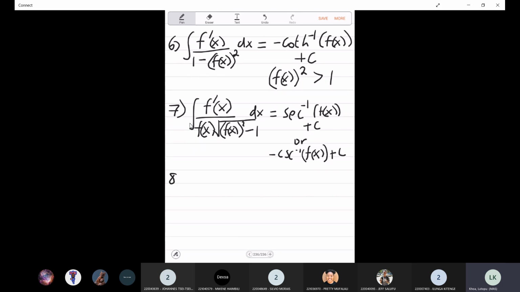So 8, the integral of f prime of x over f of x times the square root of 1 minus f of x squared dx. This is minus sec hyperbolic inverse of f of x plus c.